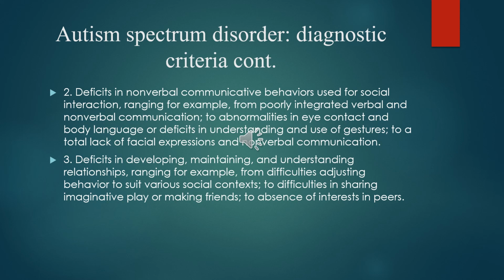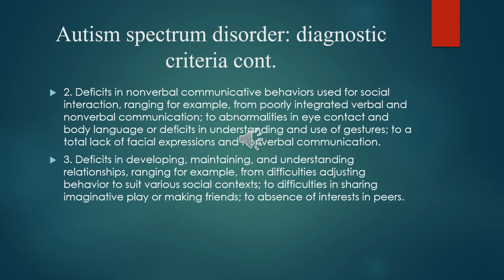Autism spectrum disorder diagnostic criteria continue. Number 2, deficits in nonverbal communicative behaviors used for social interaction, ranging, for example, from poorly integrated verbal and nonverbal communication, to abnormalities in eye contact and body language, or deficits in understanding and use of gestures, to a total lack of facial expressions and nonverbal communication.